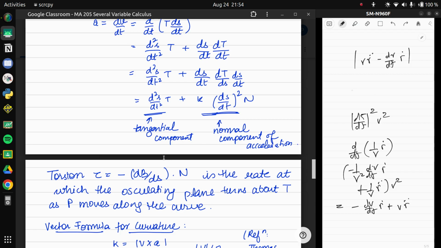So what you know is that r double dot is written as d square s by dt square or whatever. So what's ds by dt is just v. So just dv by dt and this t vector, which is something like 1 upon v times dr by dt, so just r dot, okay, plus this, what is this, kappa? Well, that's ds by dt, oh, that's v, so that's v dt by ds, okay, and you got n over there.